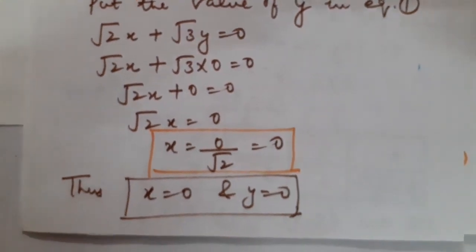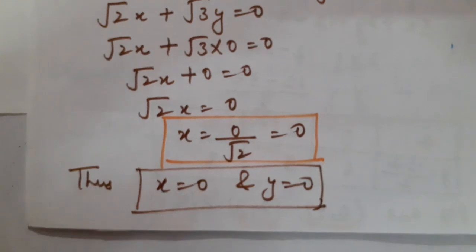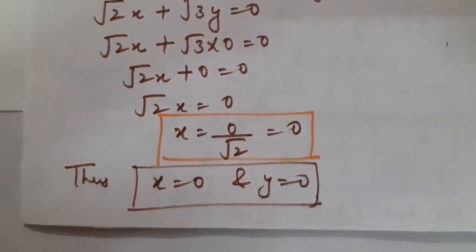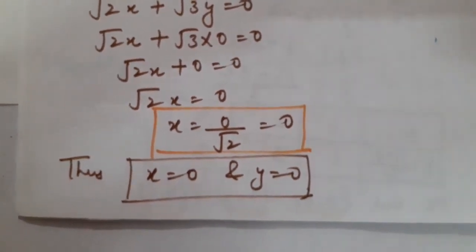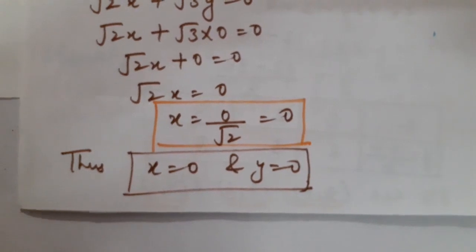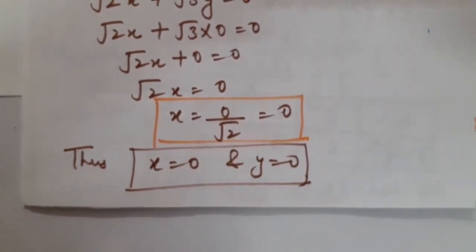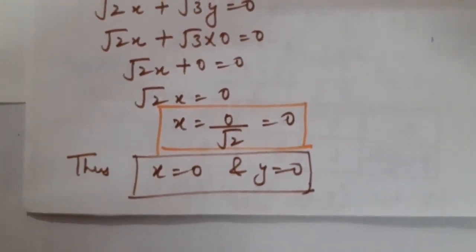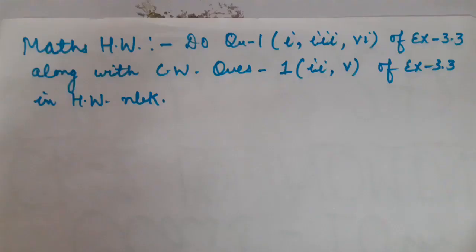So root 2x plus root 3 into 0 will become 0 is equal to 0. Root 2x is equal to 0. So x is equal to 0 upon root 2, which is actually equal to 0. So thus the values of both the variables present in this question, x and y, are 0.